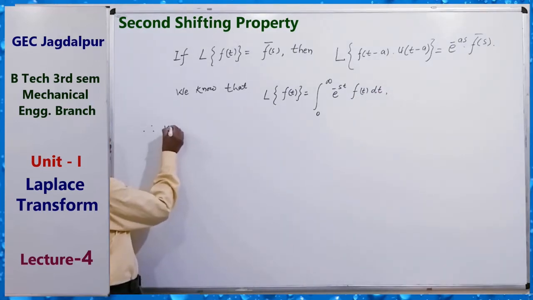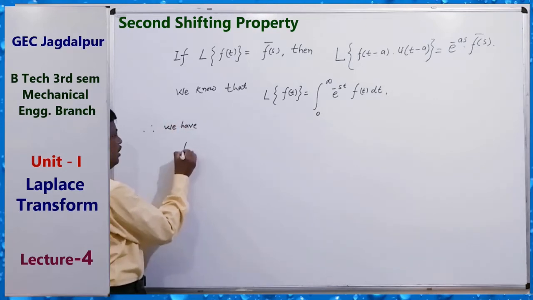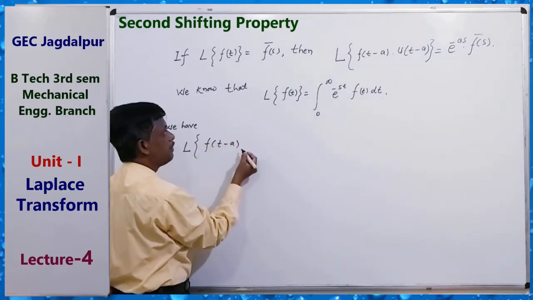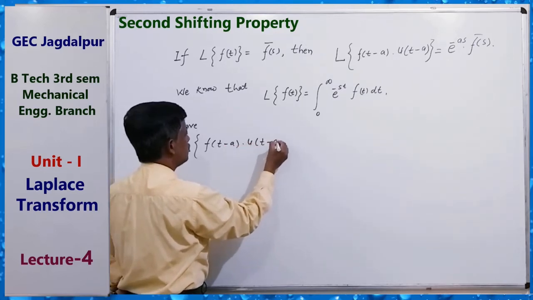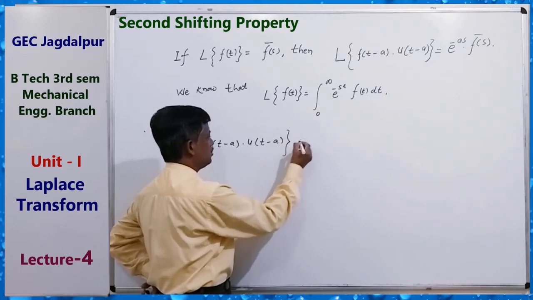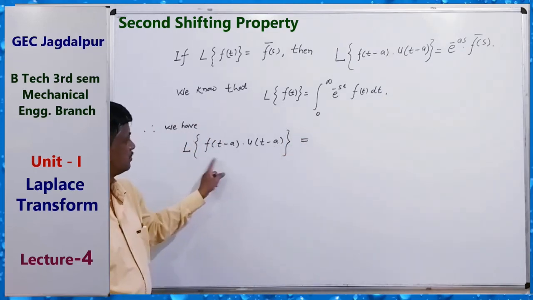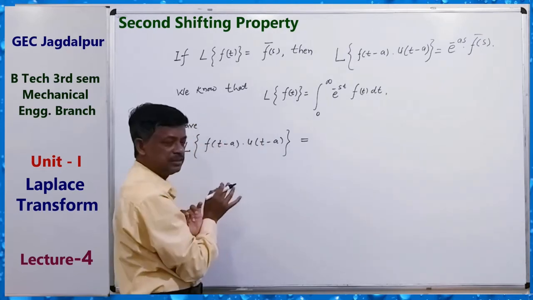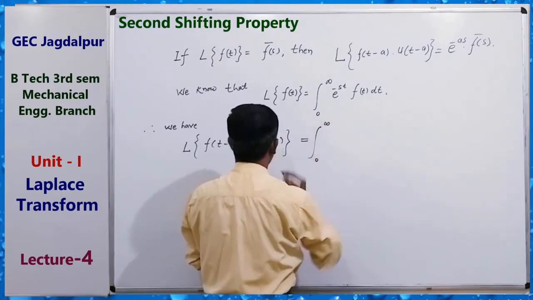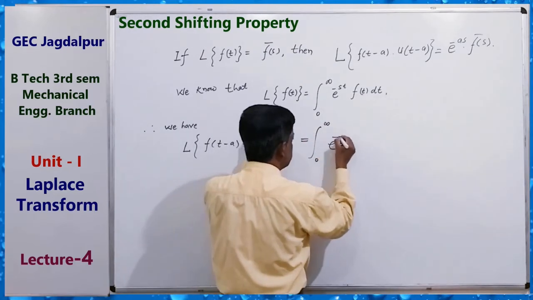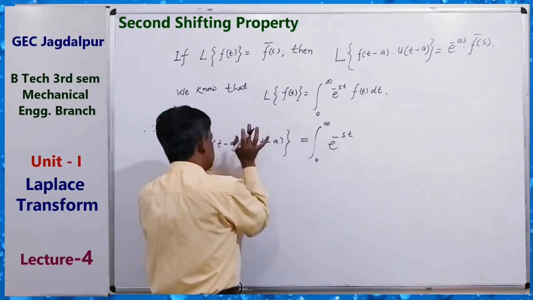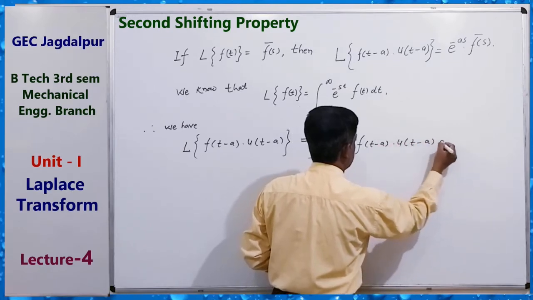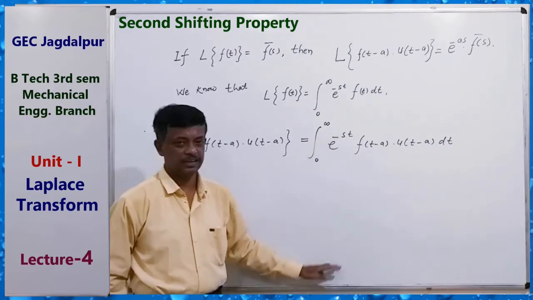Therefore, we have the Laplace transform of f(t-a) into u(t-a) is equal to, using this definition, the integral from 0 to infinity of e to the power minus st times the total function f(t-a) u(t-a) dt. Now we have to find the value of this integral.